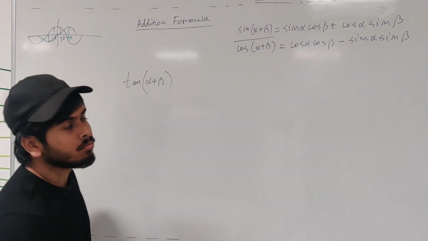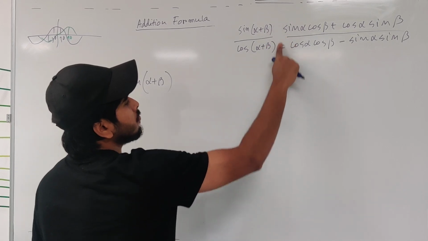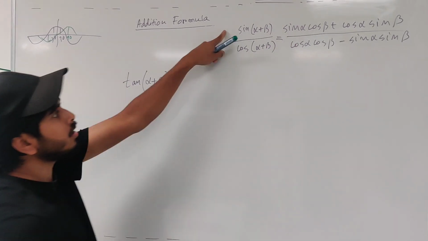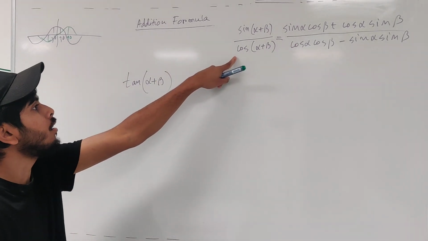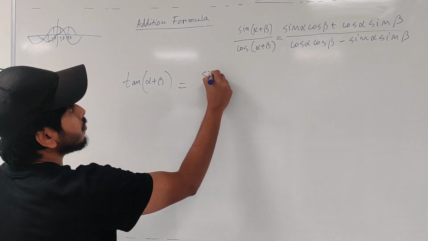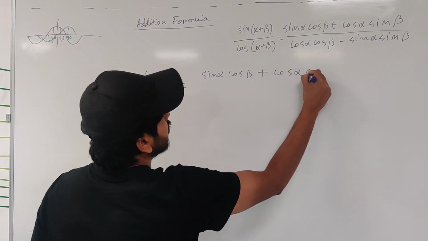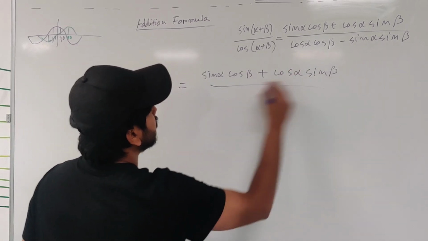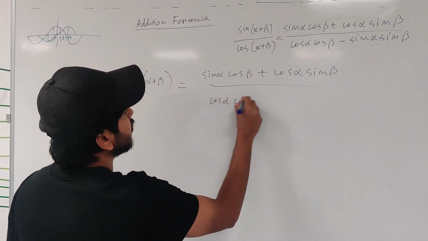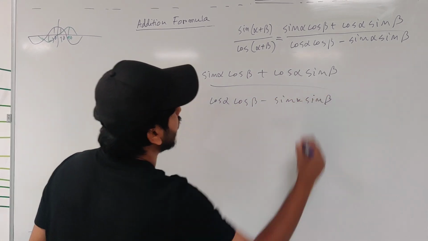Divide this by this. What is this? Sin alpha plus beta over cos alpha plus beta. Tan alpha plus beta, right? So this equals this big expression, sin alpha cos beta plus cos alpha sin beta over cos alpha cos beta minus sin alpha sin beta.